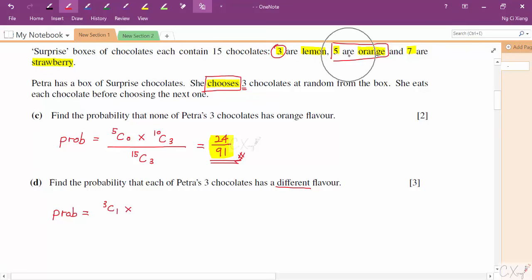Then 5 orange, I want to choose 1 as well because each of the chocolates has a different flavor. For strawberry, it will be 7C1, divided by the total selection without restrictions. In total I have 15 chocolates and I want to choose 3 of them. For this question, the answer is 3 over 13.